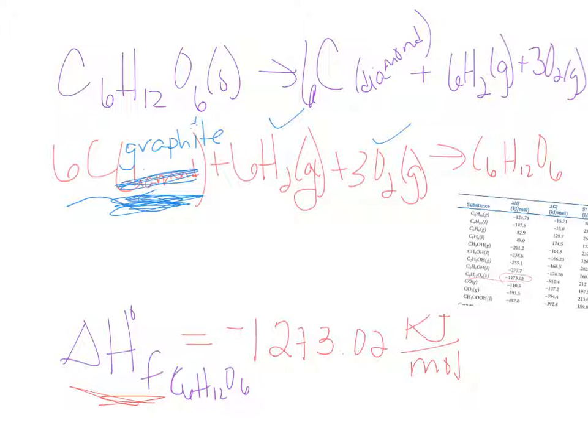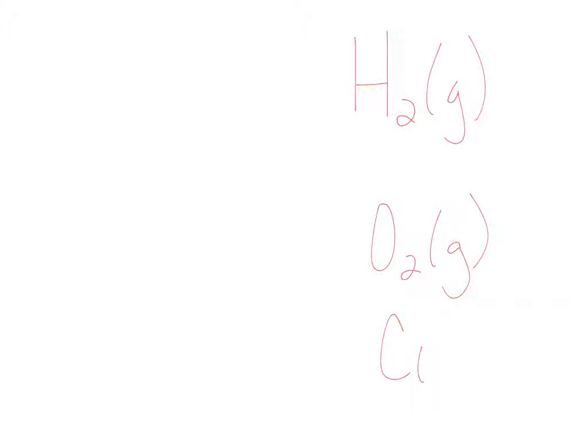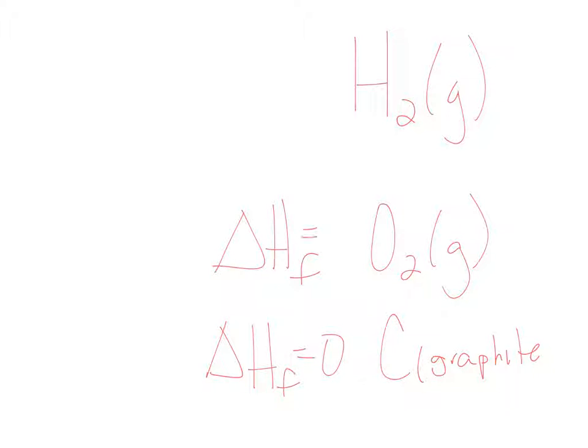The standard heats of formation of elements in their standard state, for example, the standard state of hydrogen as a gas, or oxygen as a gas, or carbon as a graphite solid, the standard heat of formation of these things we define by definition as 0, because we don't need to, they exist that way in the universe already. We don't need to do anything to make them in these states. So by definition, if someone asks you the standard heat of formation of an element in its standard state, it's going to be 0.